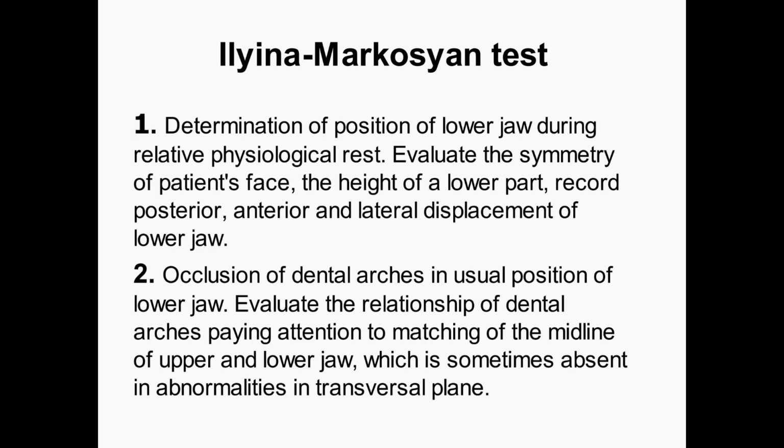Second, occlusion of dental arches in the usual position of the lower jaw. Evaluate the relationship of dental arches, pain and tension, and the matching of the midline of the upper and lower jaw, which is sometimes absent in abnormalities in the transversal plane.